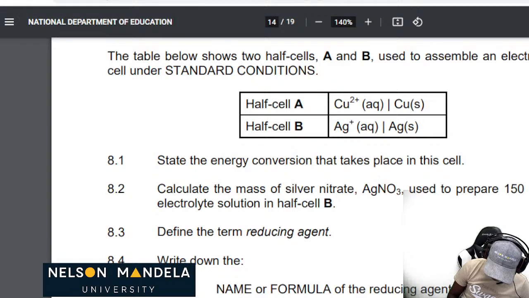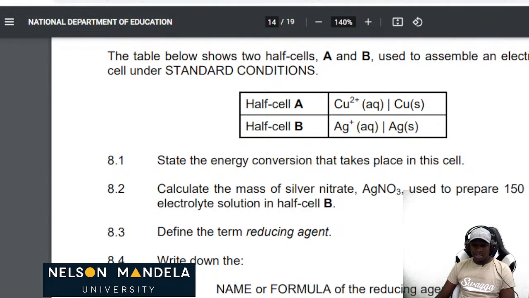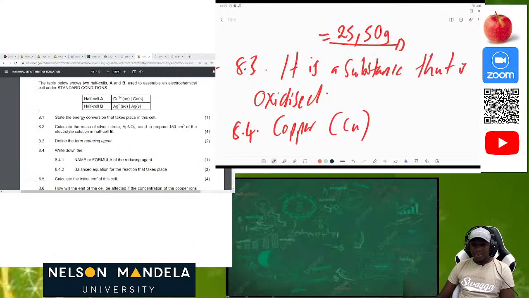So when we balance, our answer is going to be Cu, copper, plus 2Ag+ in aqueous solution, giving Cu2+ in aqueous solution, plus 2Ag in the solid state. That's going to be our answer.